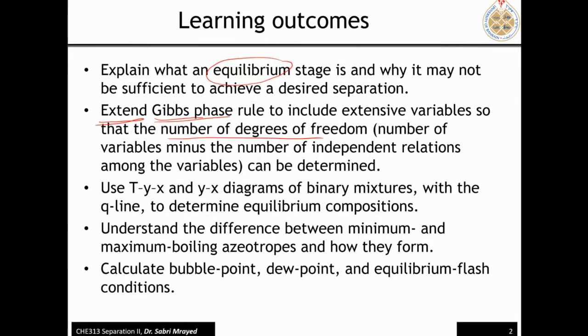And when we have more than one system, or more than one phase in our system, how we deal with that as well. Okay. So the second part is all about how we determine the number of degrees of freedom.